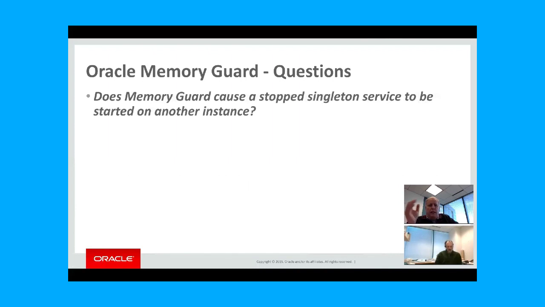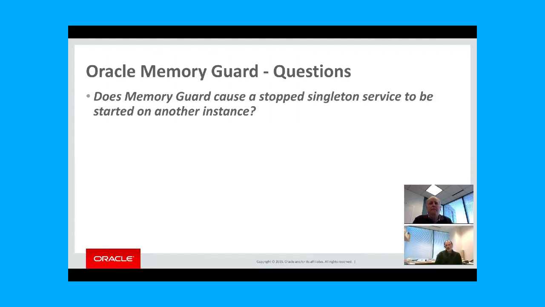So you mentioned singletons. When it stops a singleton service, a service that is running only on a particular instance, since I am in a cluster environment, will the service be started on another instance automatically for me as a result of that stop? Not currently.